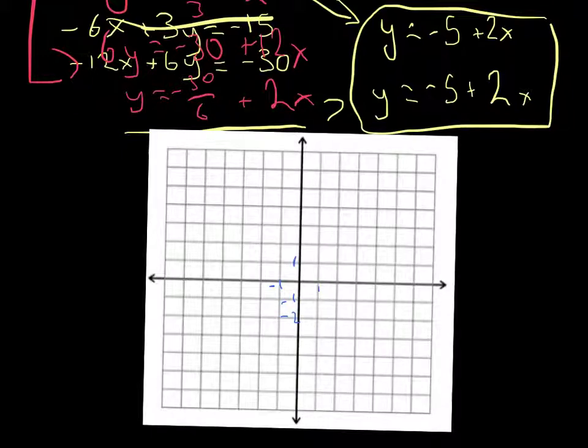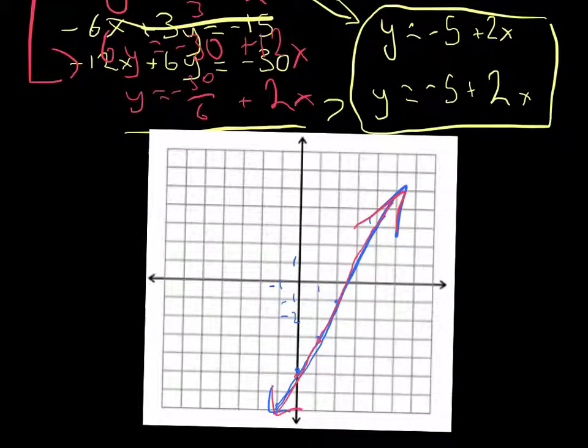Y-intercept of -5, and then slope is 2, so up 2 over 1. And then I'll draw in the second line, -5 up 2 over 1. It's the same exact line.